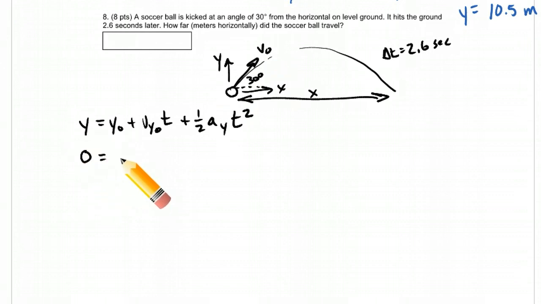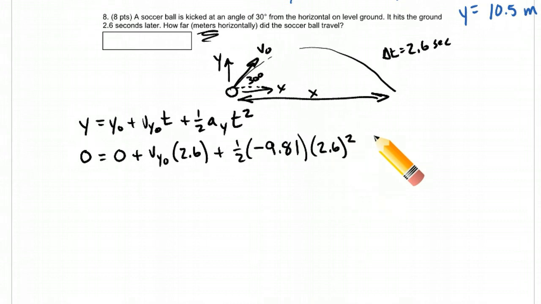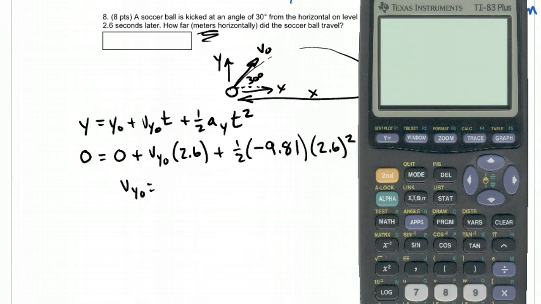So we'll have 0 is equal to 0 plus vy0 times 2.6 plus 1/2 times minus, this problem doesn't tell us what units to work in, sorry, it does say meters, so we're going to use minus 9.81, times our time squared. So we'll solve for vy0 and get that value.